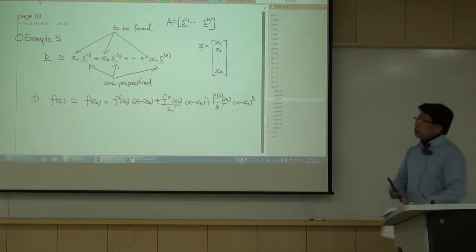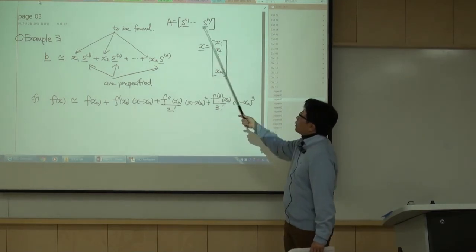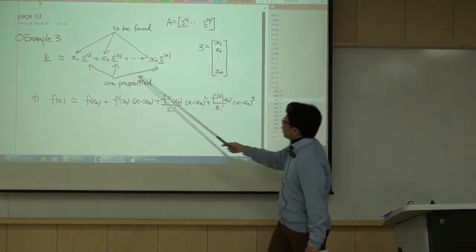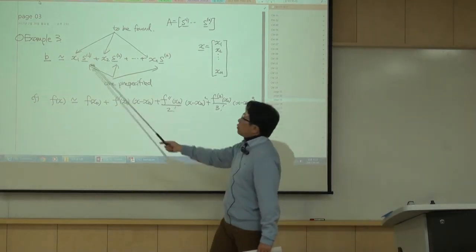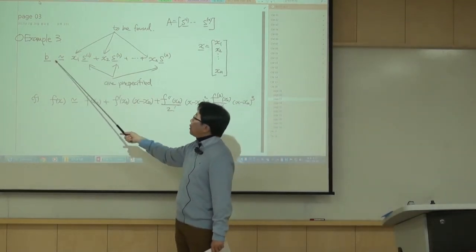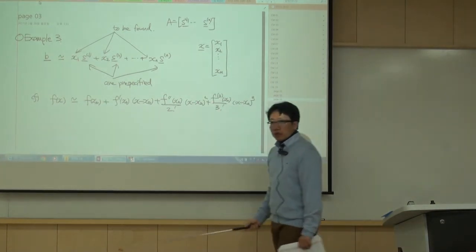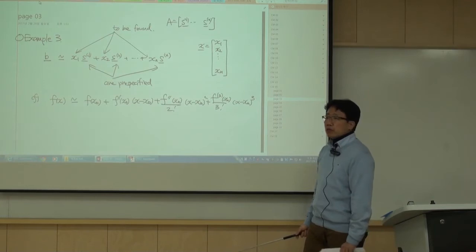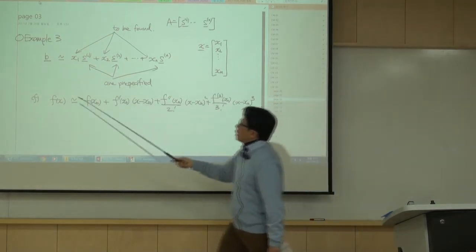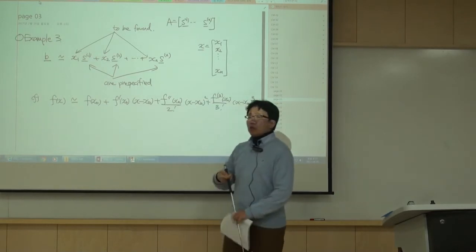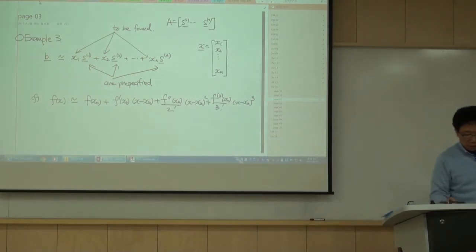So if you multiply capital A defined in this way times x, you have the right hand side. Now B is already given. And ideally, this is equal, so you may choose this A and this x and this B as those A, x, and B in the least squares problem.